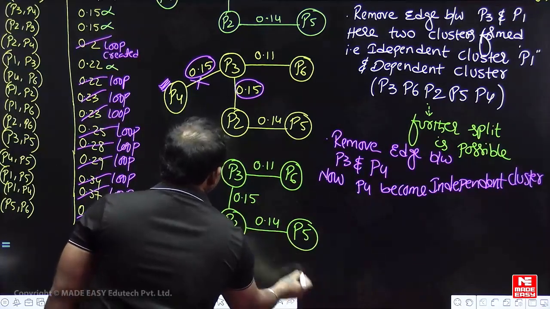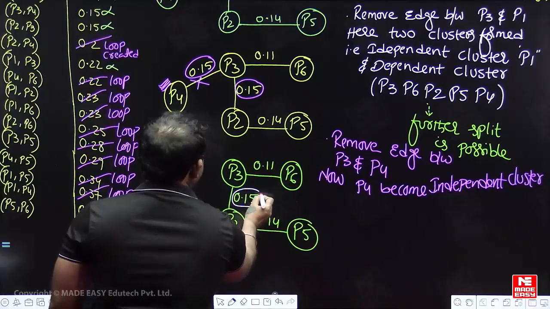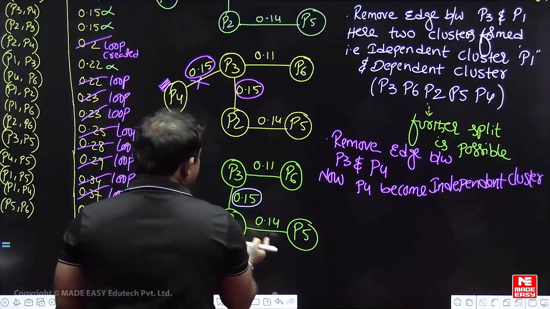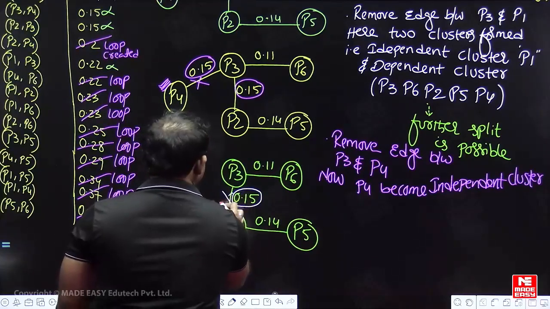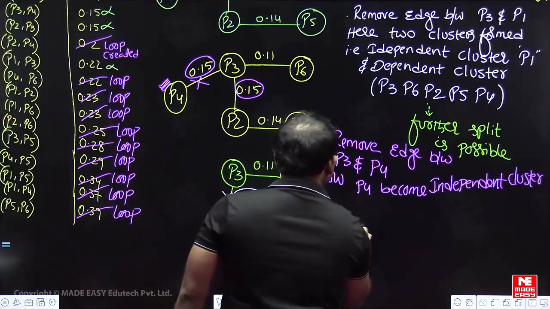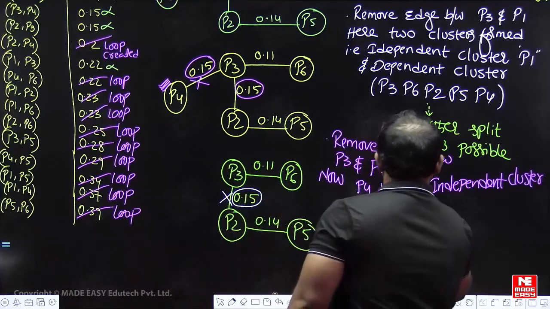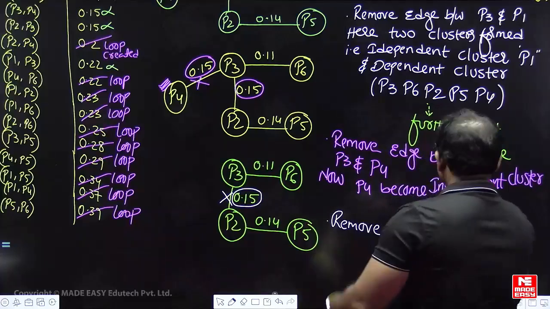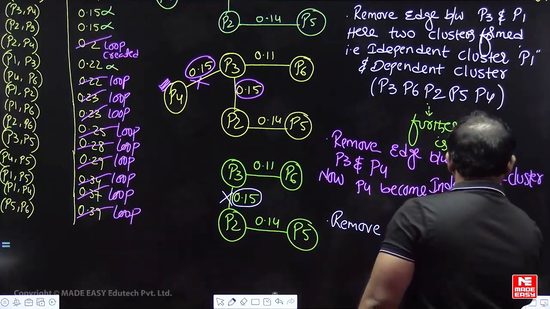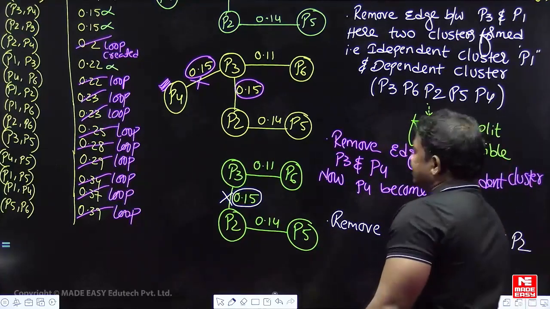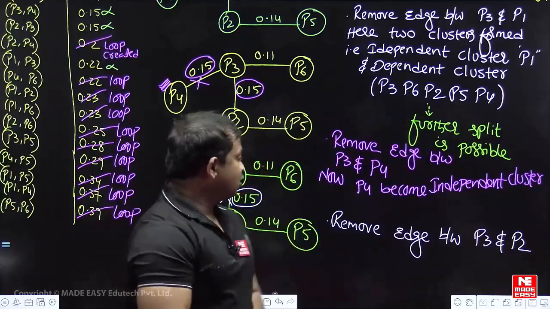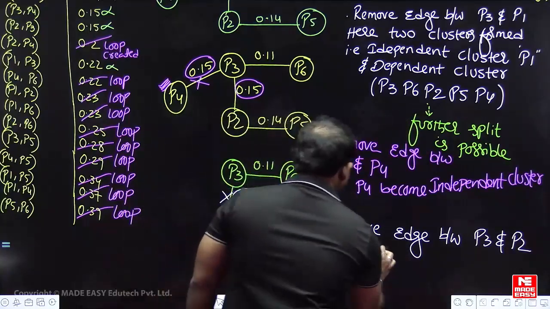Now what we need to do? Take the edge which is having more cost and remove it. Remove the edge between P3 and P2. So now two clusters are formed.